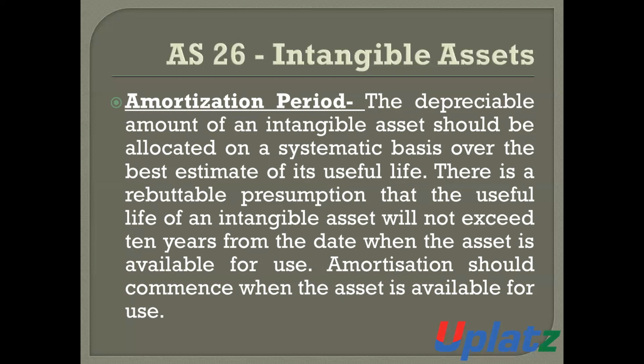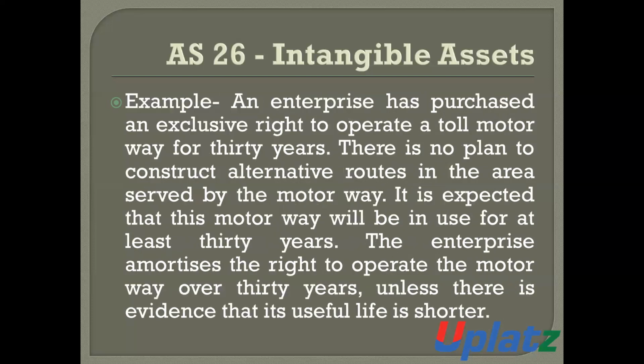Amortization should commence when the asset is available for use. If the asset is not available for use, then amortization will not be charged. And according to the assumption, the useful life of any intangible asset will not be more than 10 years.